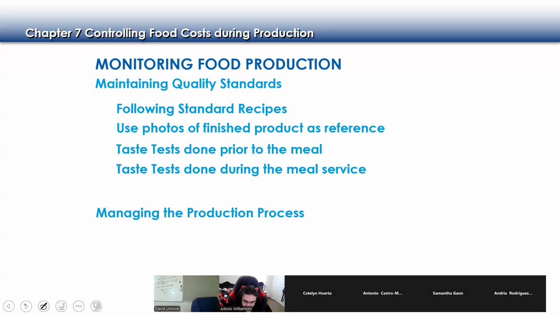You're supposed to. The salmon might be hard because it's in that paper. You'd have to open up one of those papers to test the salmon. But for other things, we want to make sure we're tasting the food before it goes out. Why? Make sure it isn't bad. Make sure it's not overly salty or overly seasoned. Make sure the seasoning is perfect. But also make sure we actually have the right seasonings.